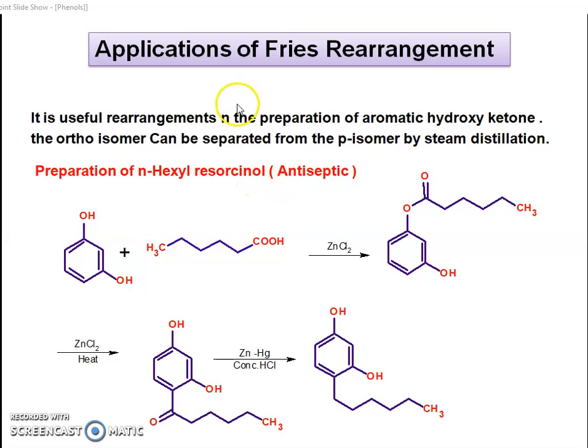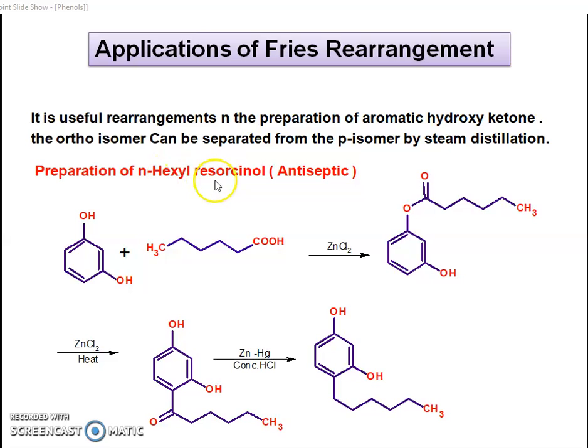So we have seen the application of the Fries rearrangement. This rearrangement is helpful for the preparation of aromatic hydroxy ketones, and the ortho isomer can be separated from the para isomer by steam distillation.